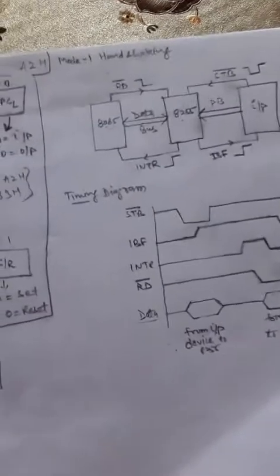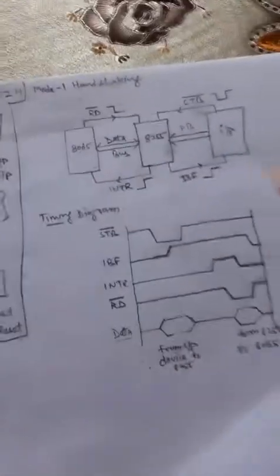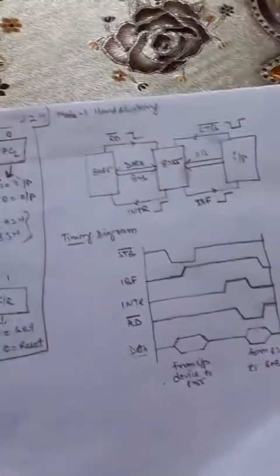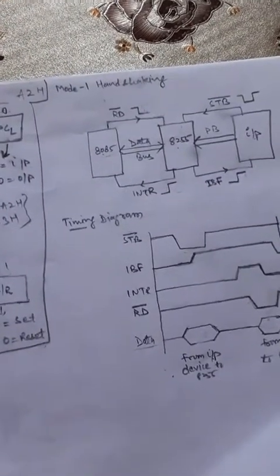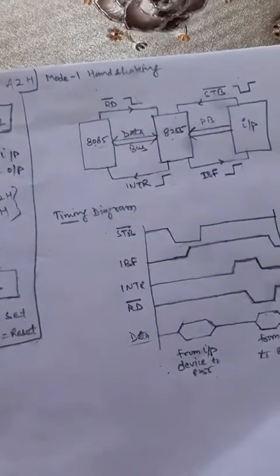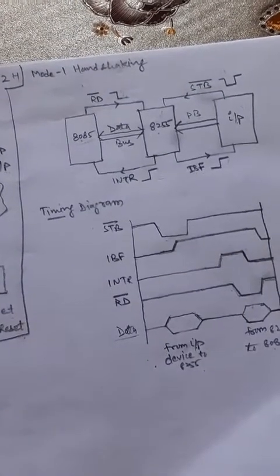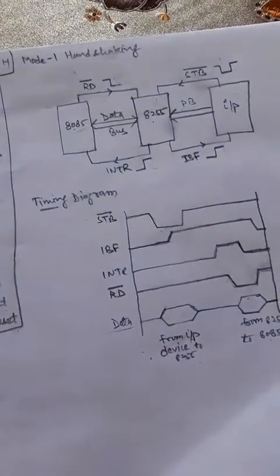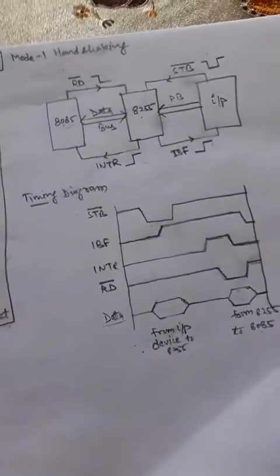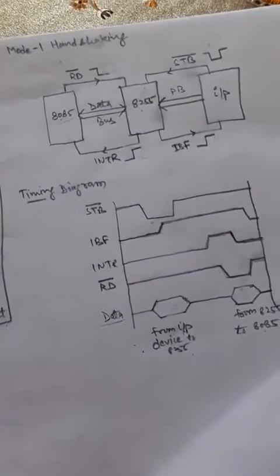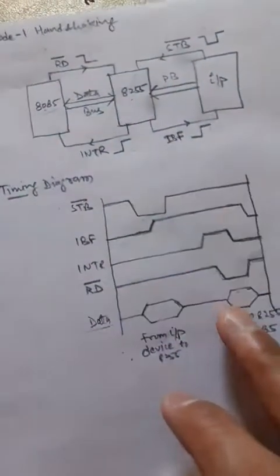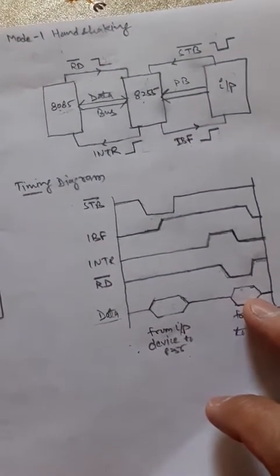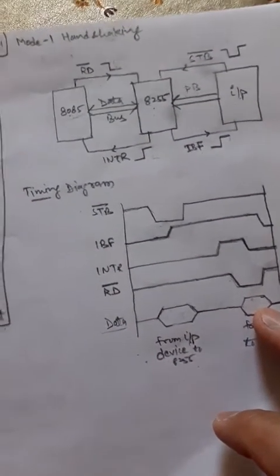Now, before going to the diagram of handshaking, I want to tell you that the basic concept of handshaking remains the same whether we talk about mode 1 input handshaking, output handshaking, or bidirectional handshaking. The difference is that in mode 1 a port will be programmed as either input handshaking or output handshaking.